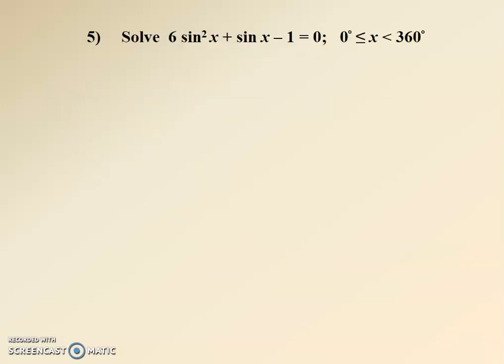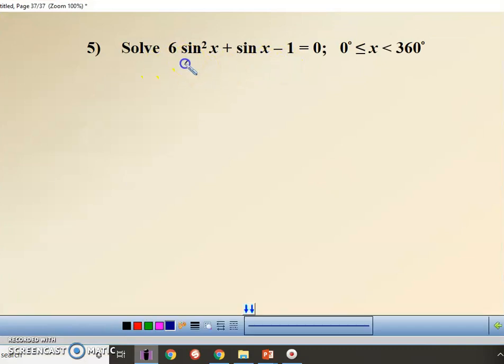For your next example, this is a function of the quadratic form. If you're not sure how to solve something like this, you might want to start by replacing that sine with s instead. And once you do that, it may be a little bit easier for you to factor it. So when we factor this, we're going to get a 2s and a 3s.